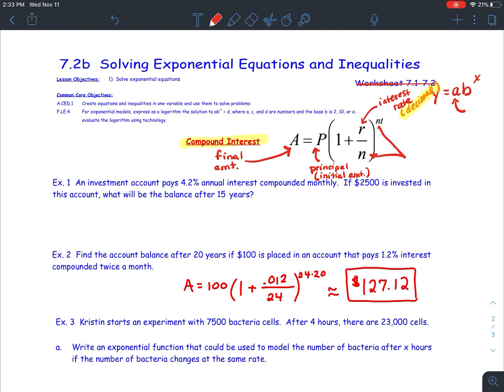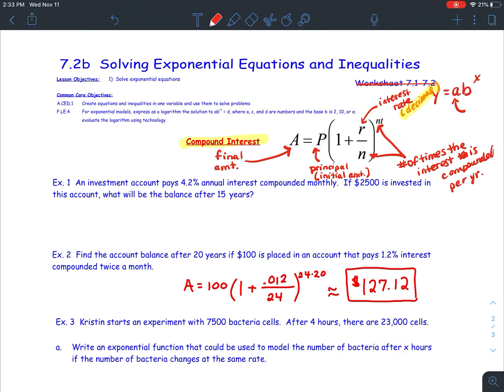There are two places where there are n's. You'll plug the same number into both places, but the n represents the number of times that the interest is compounded per year.